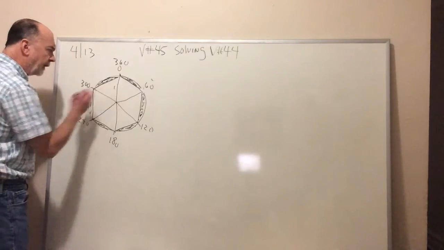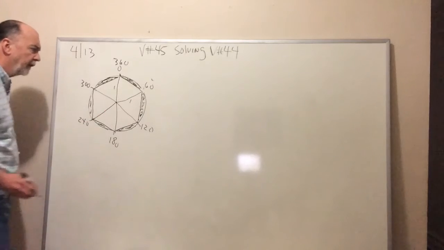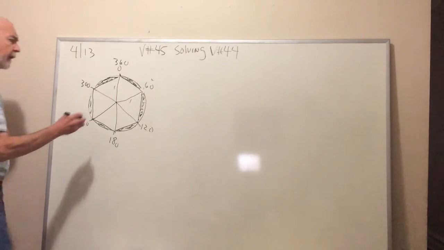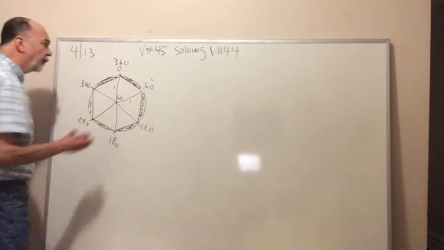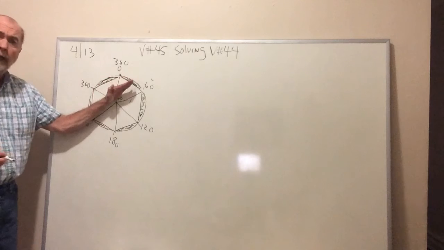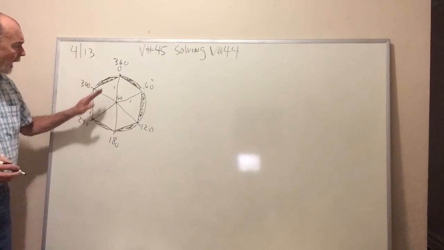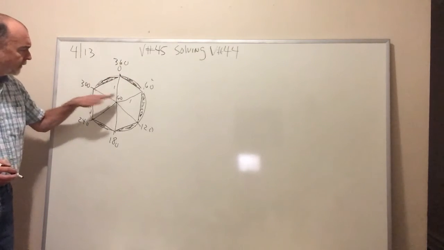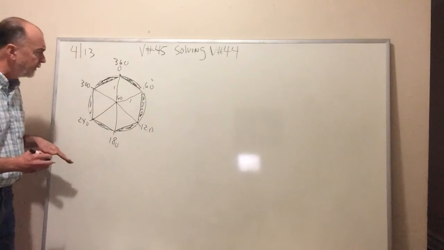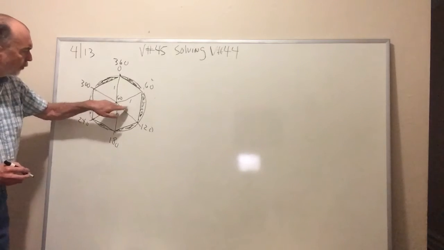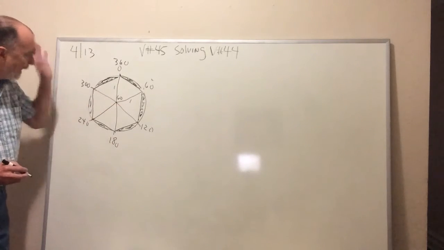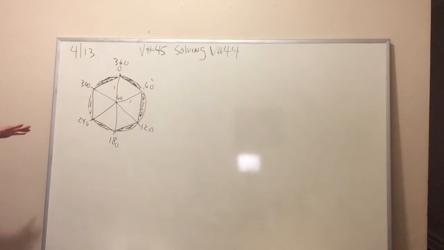We agreed that this is 1, this is 1, and the central angle would be 60 degrees, because that's how it's rotating as it goes around. So far so good. The radius is 1, the central angle is 60 degrees, and this would be 120, this would be 180, etc.